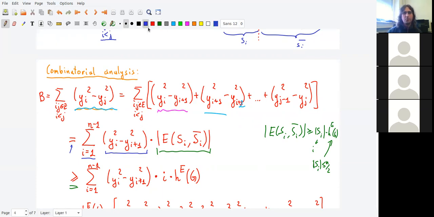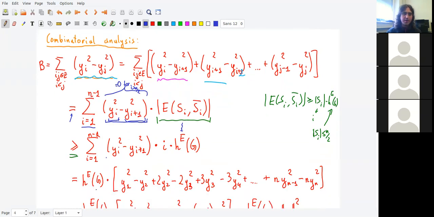Because we know that these yi's are anyway 0 in the second half, so these terms are always 0 for i larger than n half. So I can still rewrite this inequality also for such y's because they will be anyway multiplied by 0. Good, so now I justified this inequality.